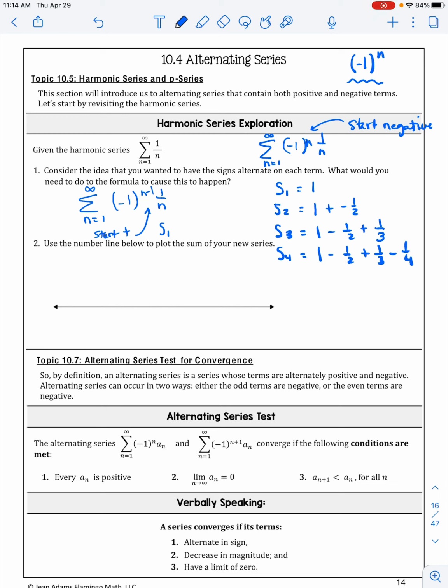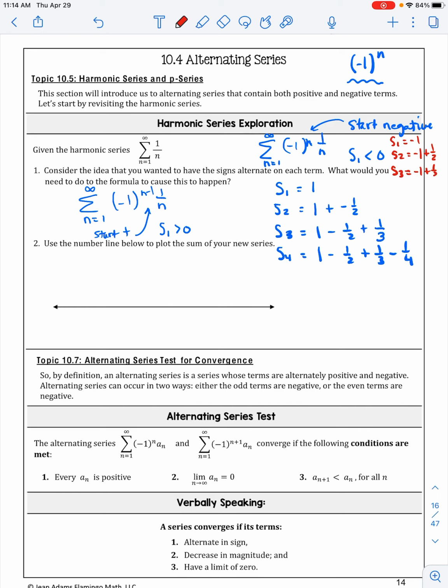So you can see that your alternating series changes. Like I said, if we are going to start positive, that means the first partial sum was greater than 0. And if I want to start negative, that would mean the first partial sum would be less than 0. So for the one up here, in a different color, your first term would have been -1.